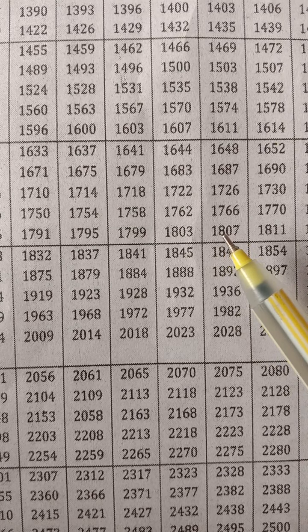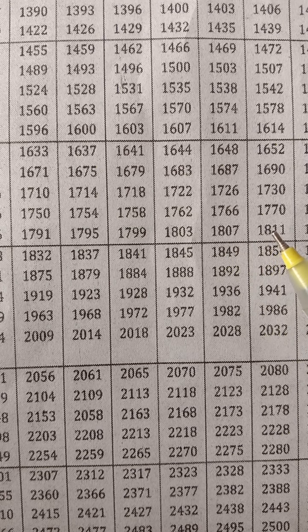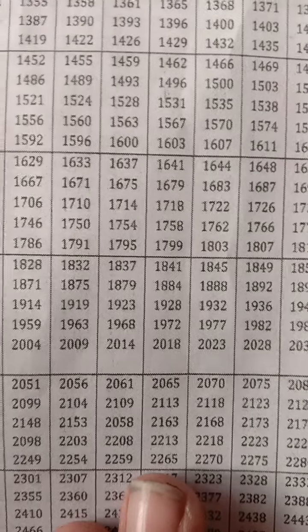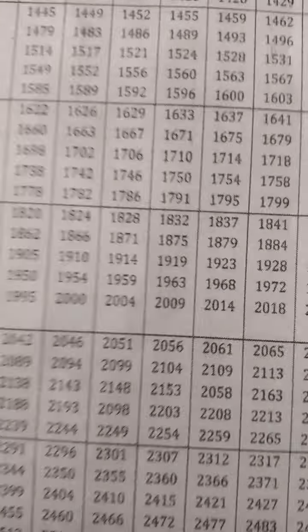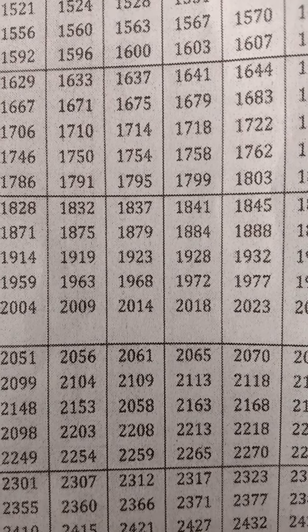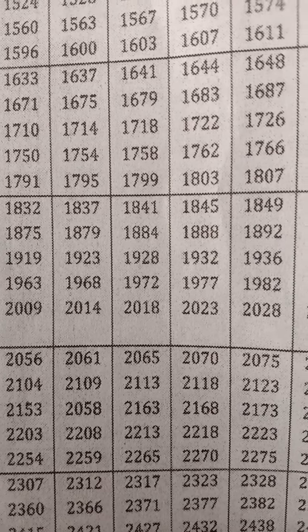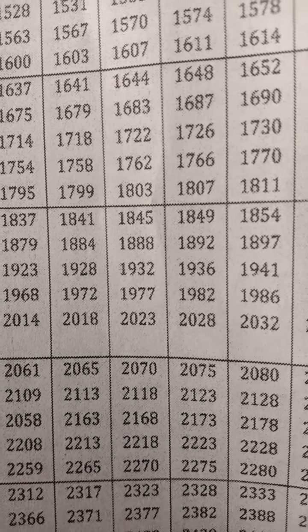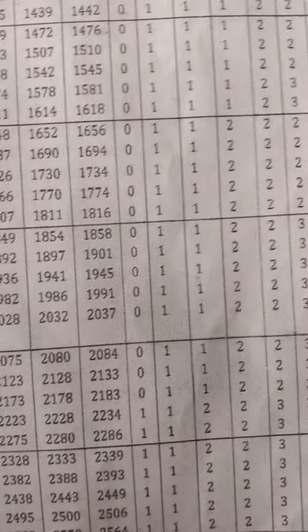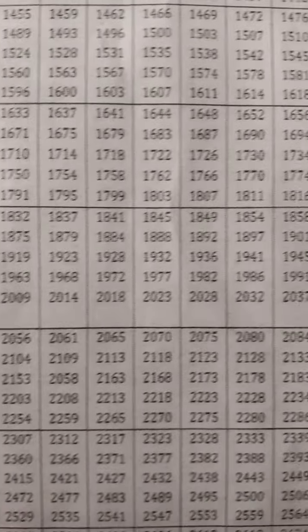So it is 1807, and then the sixth column mean difference is 3.